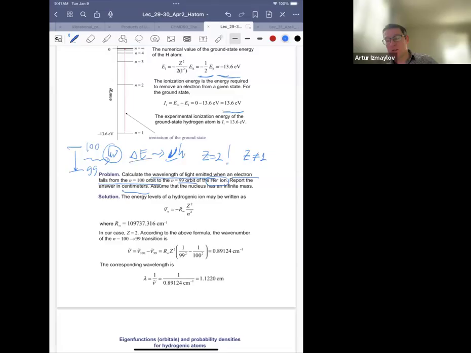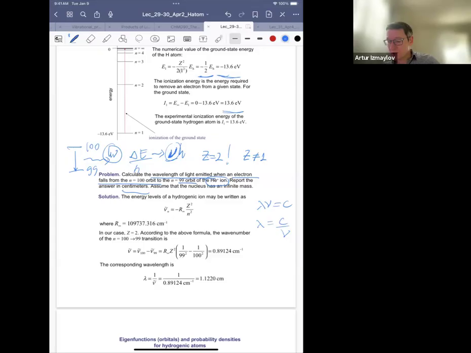So you need to divide delta E by h, and that's going to be the frequency. You just need to express it in centimeters. How do you do that? Well, we have this nice formula, lambda nu equals c. So we could use that to define lambda, which is c over nu. Right, so all that stuff we did.